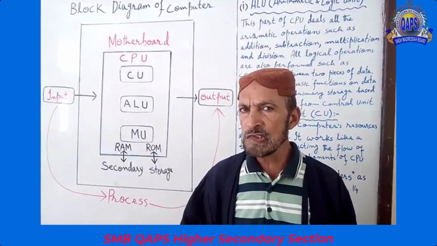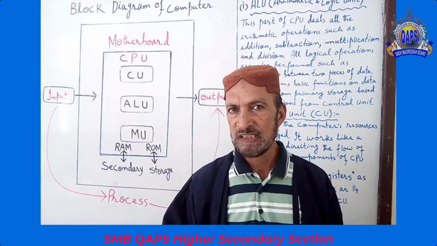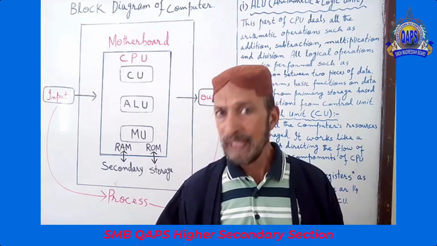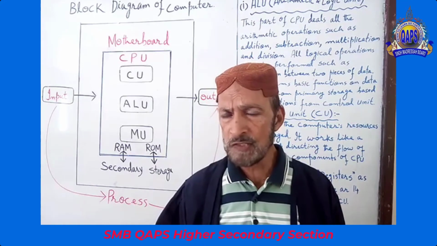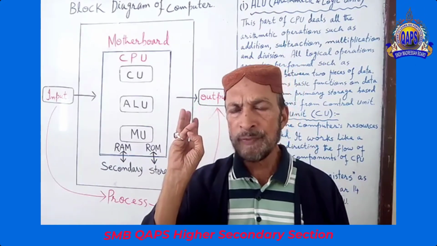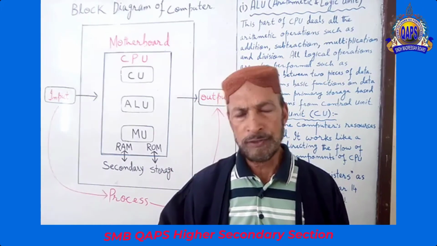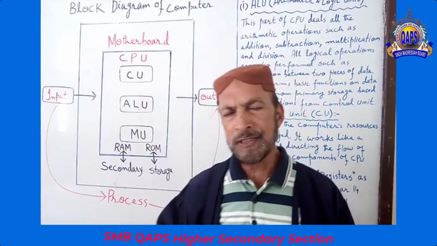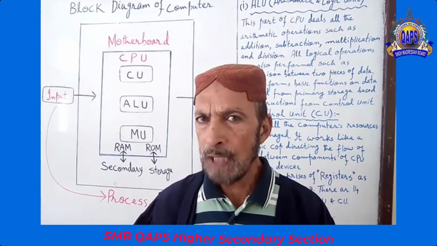How many major parts? 2 only. What are the names of major parts of a computer system? ALU, arithmetic and logic unit. CU, control unit. You know everything very well about ALU and CU.